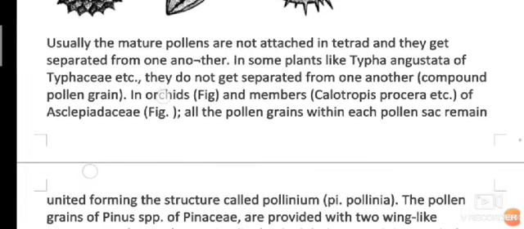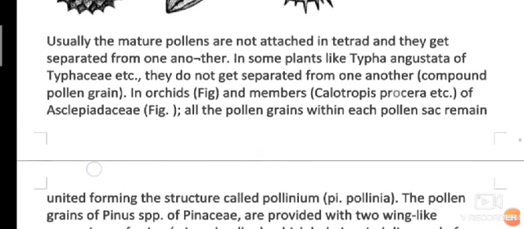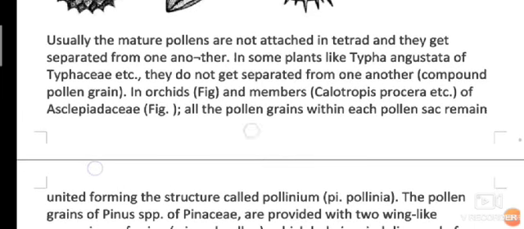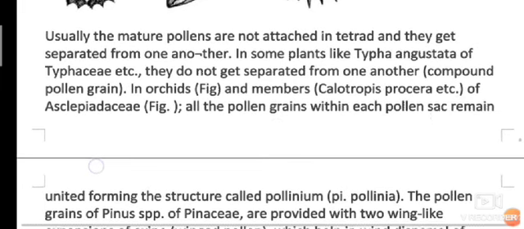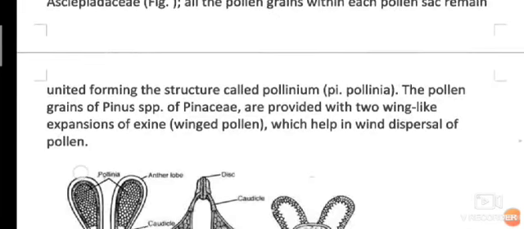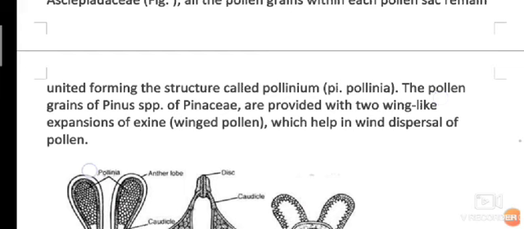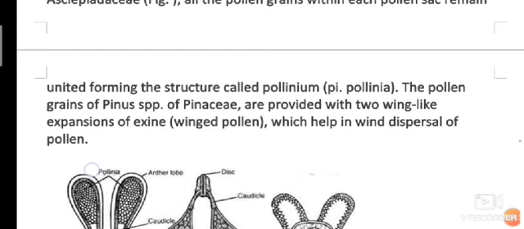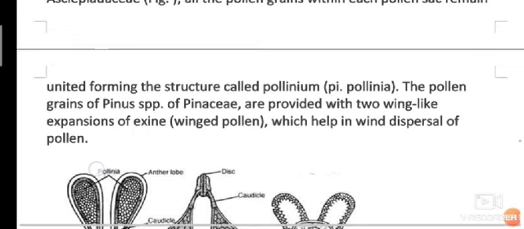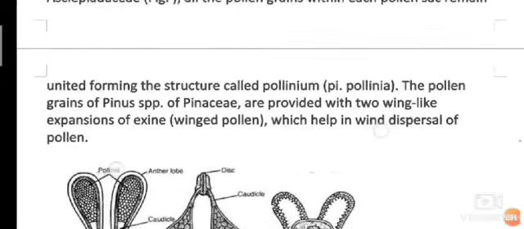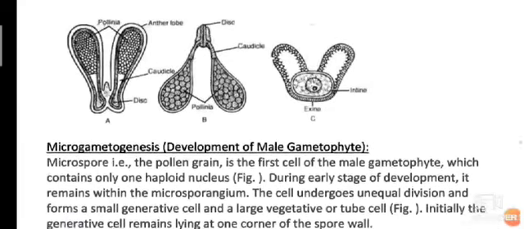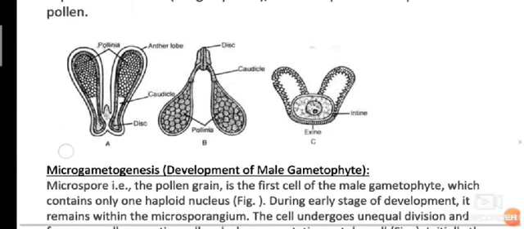Compound pollen grains: in orchids and members of Calotropis, Asclepiadaceae, all the pollen grains within each pollen sac remain united, forming a structure called pollinium. The pollen grains of Pinaceae are provided with a two-winged expansion of exine which helps in wind dispersal of pollen. See the pollinium of different plants.